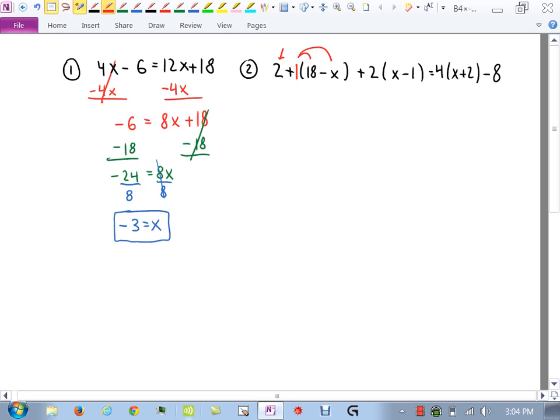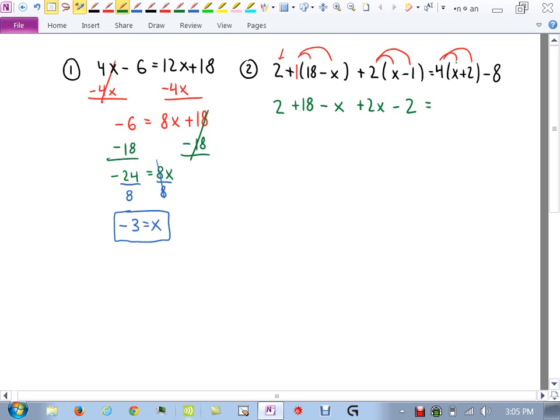So I distribute a positive 1 through. Over here, the 2 doesn't have anything in between, so it does get distributed positive 2, and then the 4 gets distributed. So I'm clearing grouping symbols right now. When I do this distribution, I get 1 times 18 is 18, 1 times negative x is negative x, 2 times x is 2x, 2 times negative 1 is negative 2.